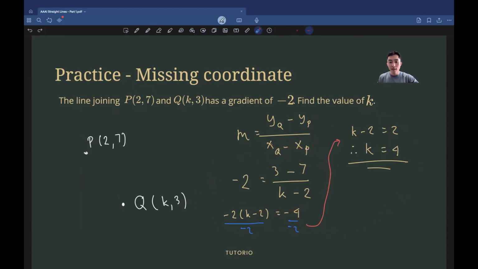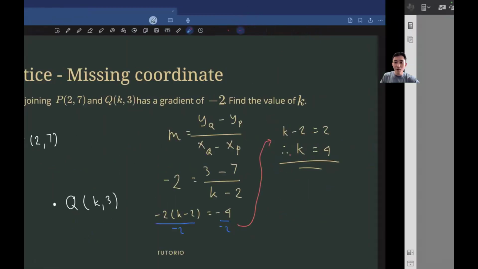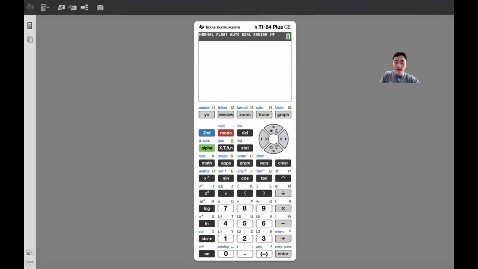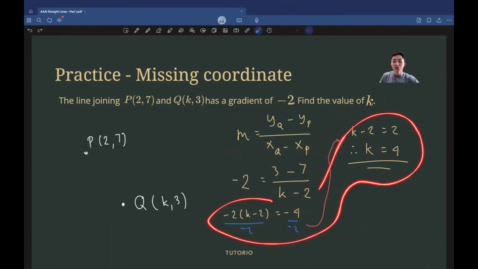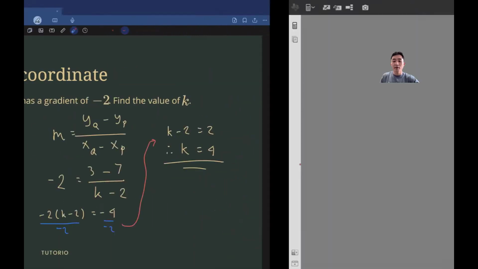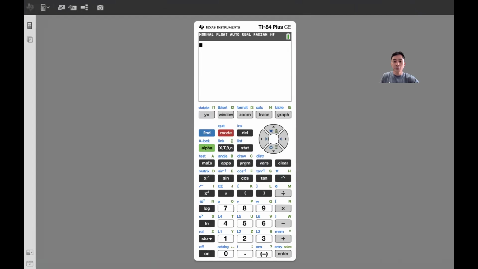Okay, so first we are going to see the calculator here, the TI-84 Plus CE. Because this is in the form of an equation, if you're not sure about rearranging, we can just use the numerical solver. So first go to the math, and then we are going to go to the numeric solver.